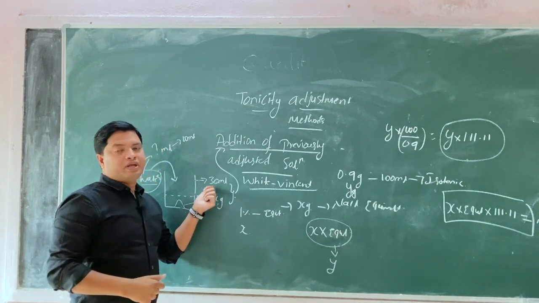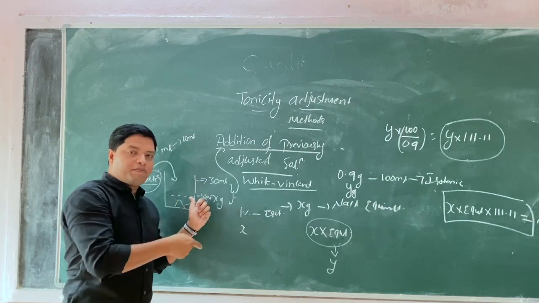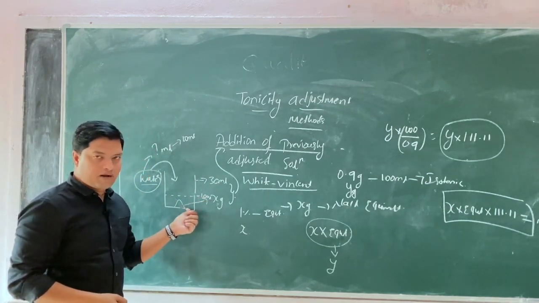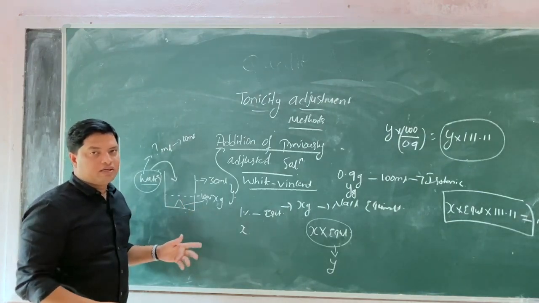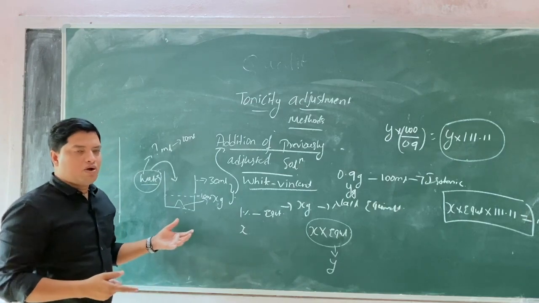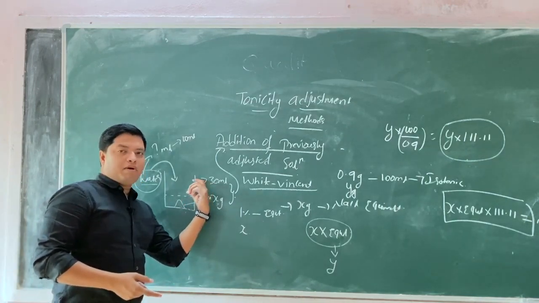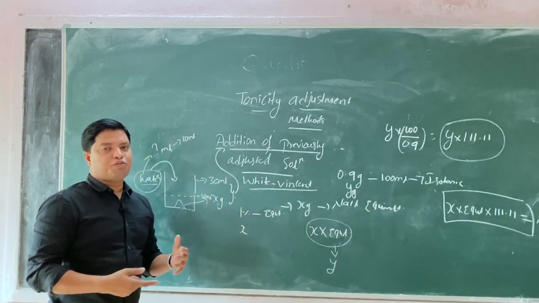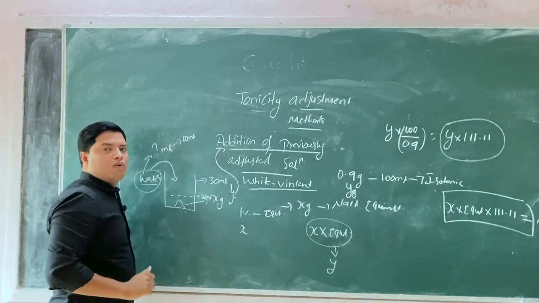The reason is, this one we have adjusted by adding 10 ml of water. It is isotonic. If you add plain water, it will become hypotonic, and everything will be gone. We want to add the rest, so the makeup of the volume will be done by the previously adjusted solution, that is 0.9% NaCl solution, to make up the volume.